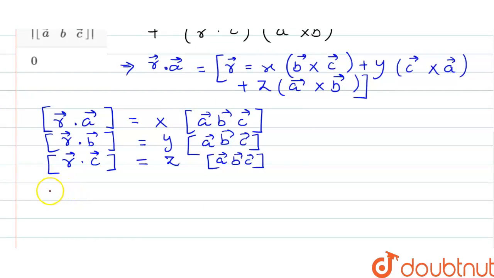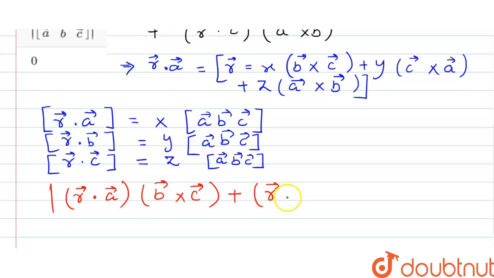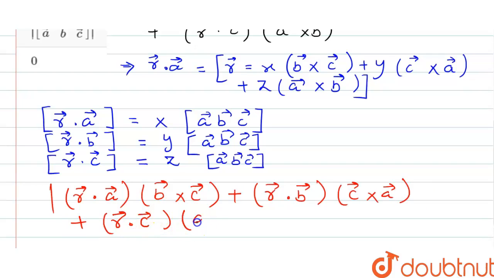On solving we get mod of R vector dot A vector, V vector multiplied by C vector, plus R vector dot B vector multiplied by C vector and A vector, then the last term will be R vector dot C vector multiplied by A vector into B vector.